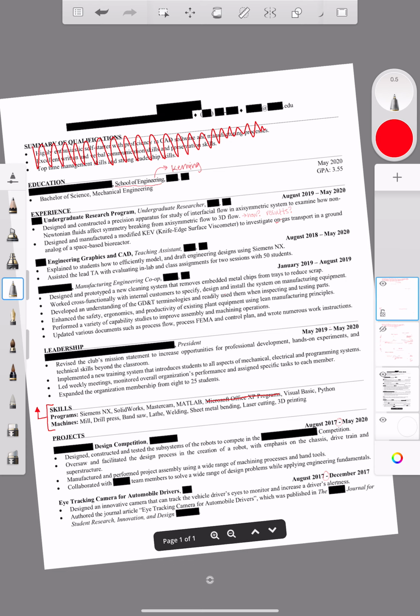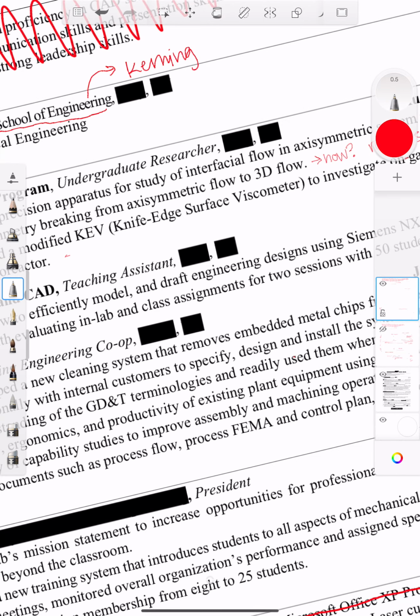But again, they just say design and manufacture. They don't say how they did it. They don't say what their efforts showed about the on-gas transport. So I really want more details here too. So how and results again.